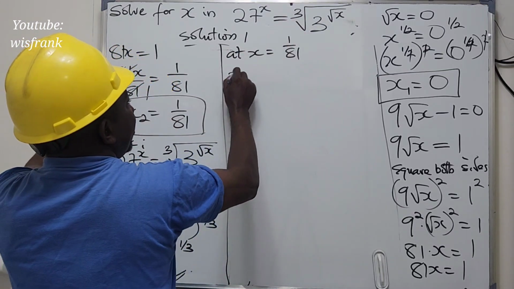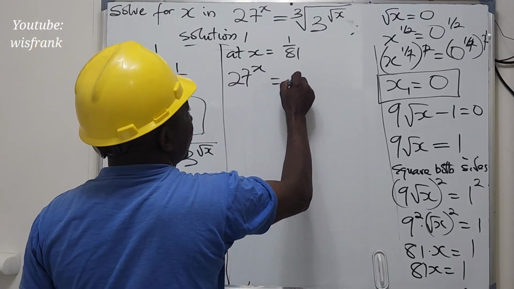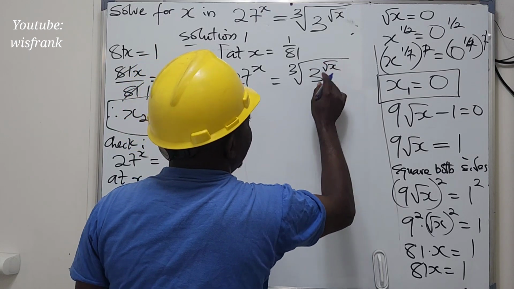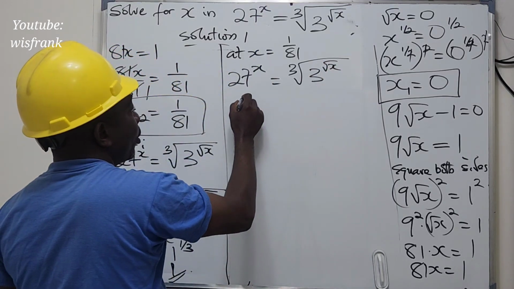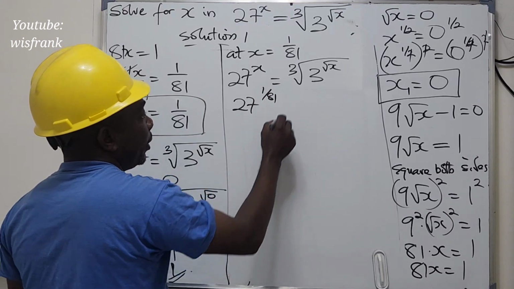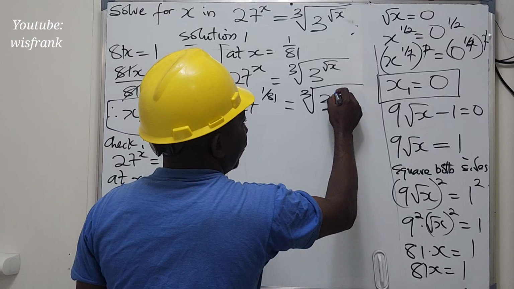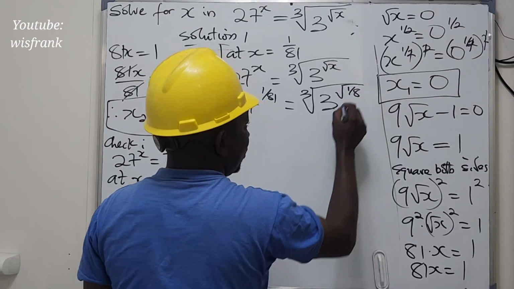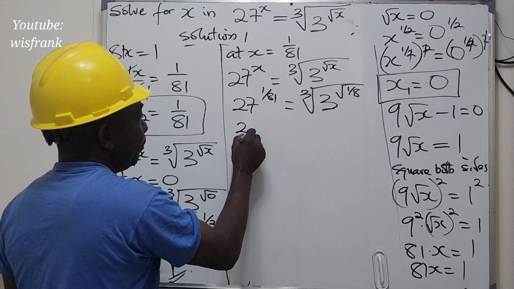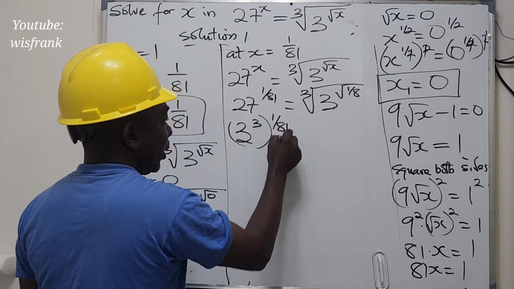So we are given 27 to the power of x equals cube root of 3 to the power of root x. So here will become 27 to the power of 1 all over 81 equals cube root of 3 to the power of root 1 all over 81. So this is the same thing as having 3 to the power of 3, all to the power of 1 all over 81.